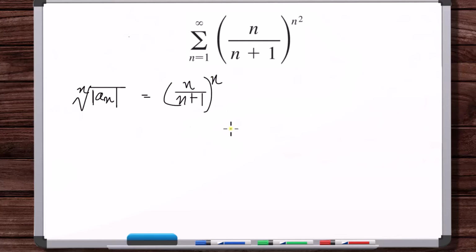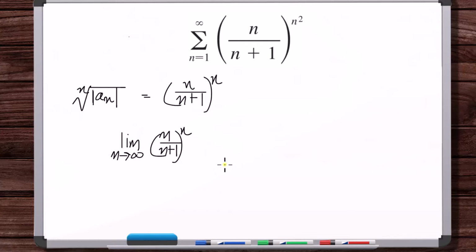What is the limit as n approaches infinity of this? What does this approach? 1. But 1 to the infinity is an indeterminate form.